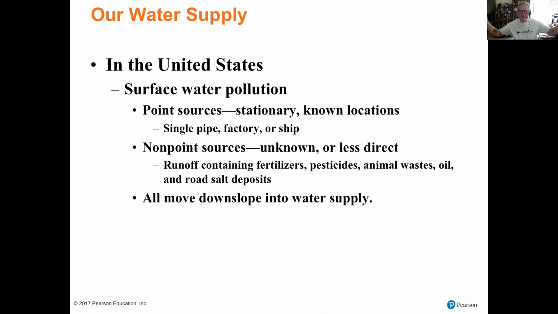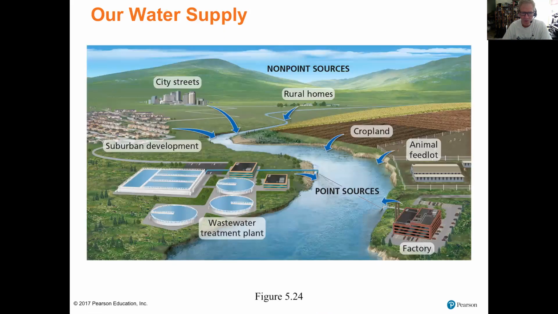Importantly, they all move downslope and can percolate down and get into our water supply. So here are your non-point sources: runoff from croplands, animal feedlots, for example, rural homes, city streets, or suburban development runs into the creek, the stream, for example.